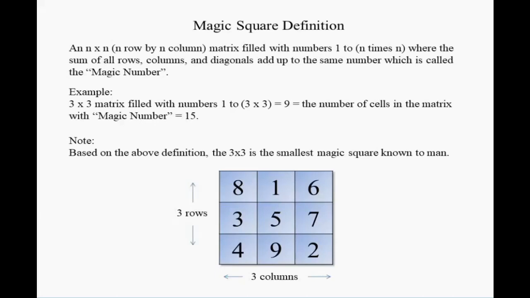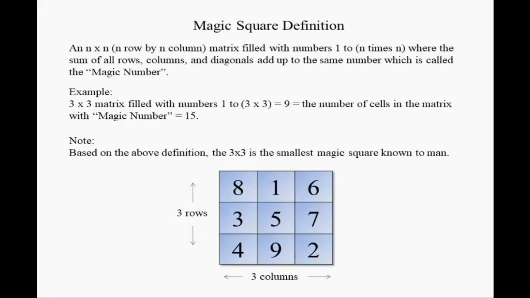Let's start with a formal definition so that everyone knows exactly what we're talking about. A magic square is simply explained: it's an n row by n column matrix where n is equal to 3, 4, 5, 6, and so on.